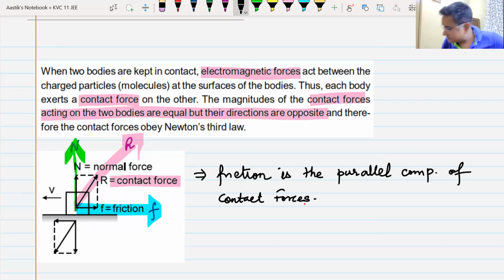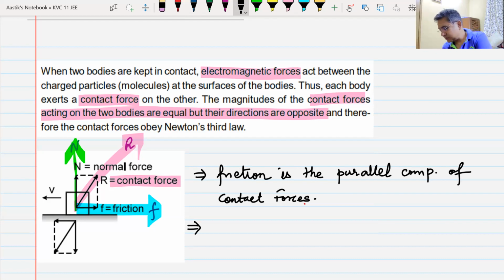Whenever two bodies are kept in contact, they will exert forces on each other. The parallel component of this force is known as friction, which you can see here. Now, what does this friction do?